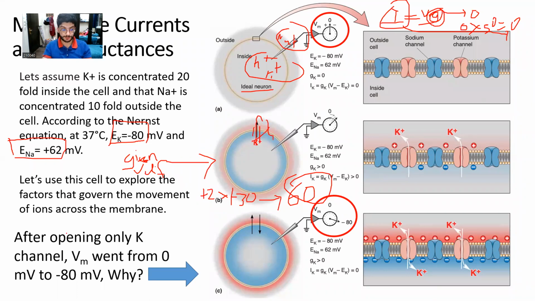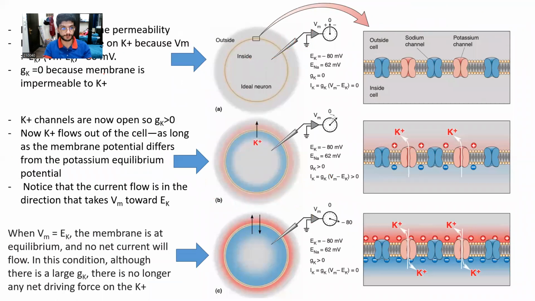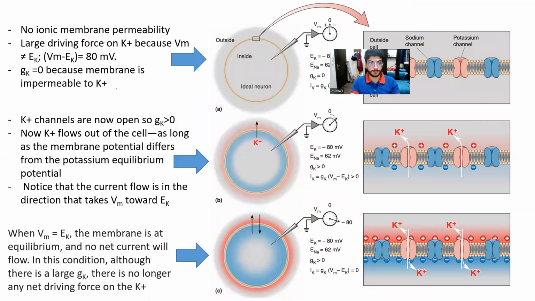At some point, I think it's in the next slide. Let me move on to the next slide. It mentioned over here that it's 0 because it's impermeable. The conductance becomes more than 0 because potassium channels are open, and this allows potassium to go out. Now, at some point, the membrane potential is the same as the equilibrium potential of potassium.